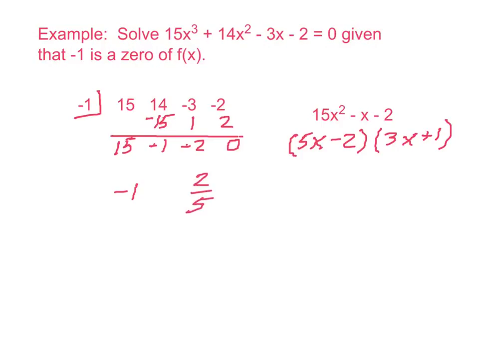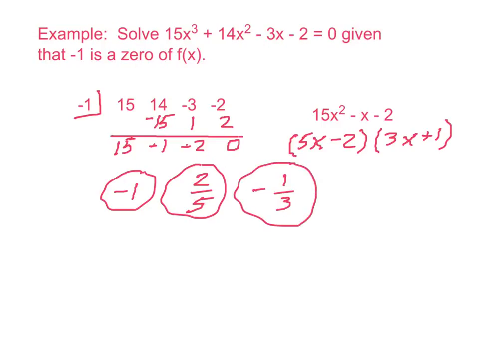And then if I set 3x plus 1 equals 0, I'll get the third 0 is minus 1/3. So we've got our 3 solutions for this cubic polynomial.